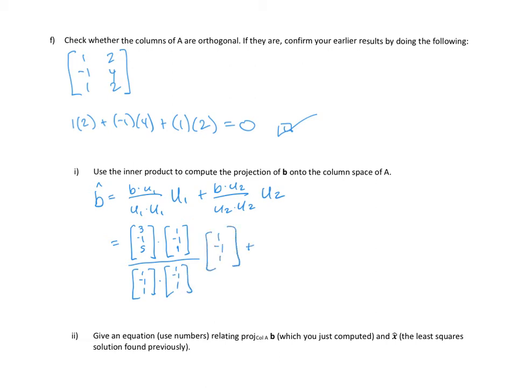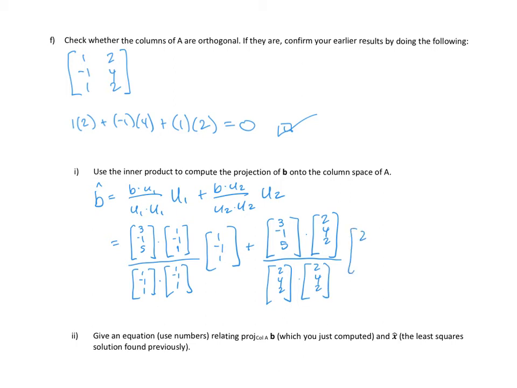Okay, plus 3, -1, 5 dotted with U2, 2, 4, 2, over 2, 4, 2 dotted with 2, 4, 2, times 2, 4, 2. And I am going to skip some of this calculation and tell you that this comes out to 4, -1, 4. Okay, that is the B hat that I found earlier. That was A times x hat. Okay, so 4, -1, 4.